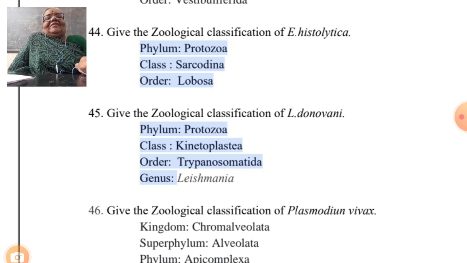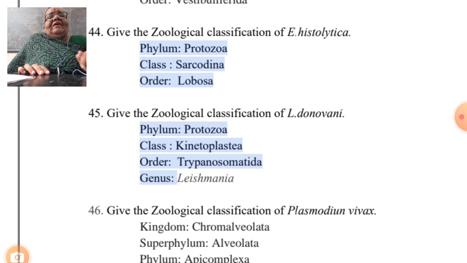And here you can see, the classification is based on two kingdom system. They have given this classification. So kingdom Animalia, phylum Protozoa, class Sarcodina, and order Lobosa. So in this class Sarcodina, the major locomotory organs happen to be the pseudopodia, pseudopodium singular, pseudopodia plural.